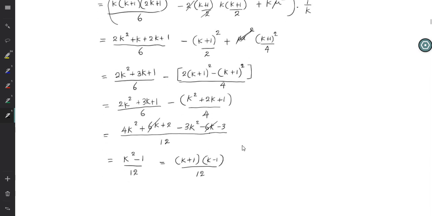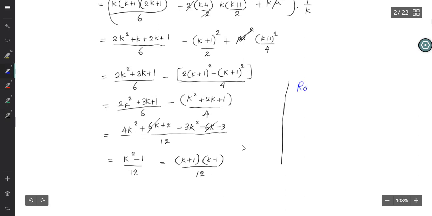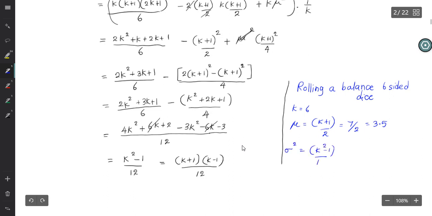So if you go back to that example of rolling a balanced 6-sided dice, we know k is 6, so the mean will be (k plus 1) divided by 2, which is 7 over 2, 3.5, and the variance will be (k square minus 1) over 12, which is (6 square minus 1) over 12. 6 square is 36 minus 1 is 35 divided by 12.